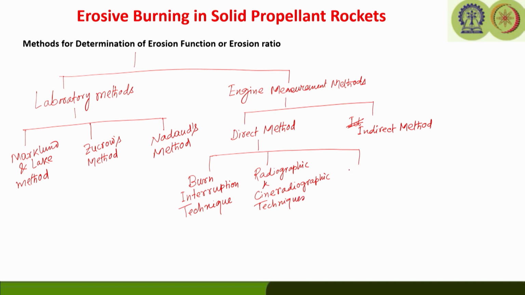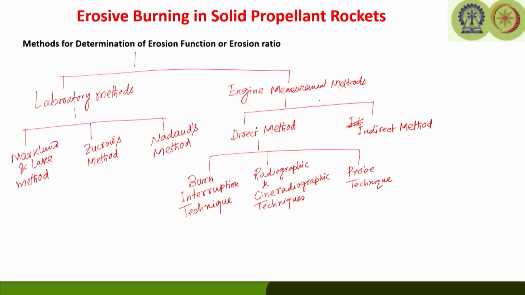Then directly inserting some probe is also a direct method, which is called the probe technique. At different locations of the propellant, we insert some probes, and from the probe data we can get an idea about how much regression has happened, and from there we can try to estimate the erosive contribution. So, these are the various methods, majorly divided into laboratory methods and engine measurement methods.